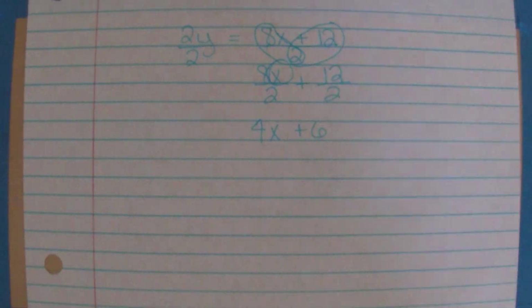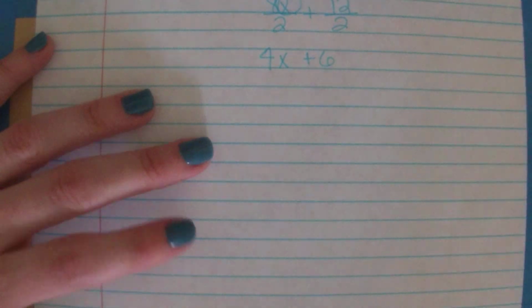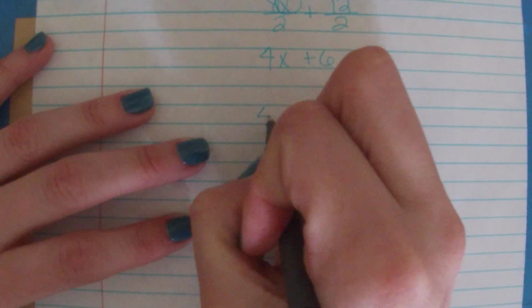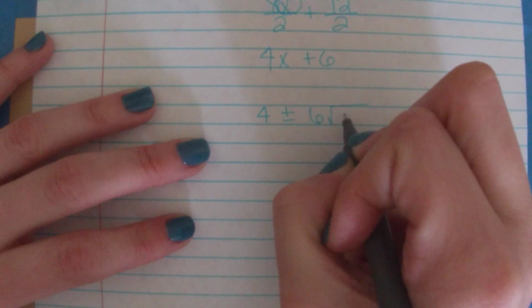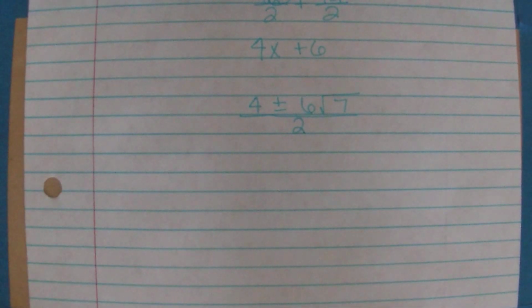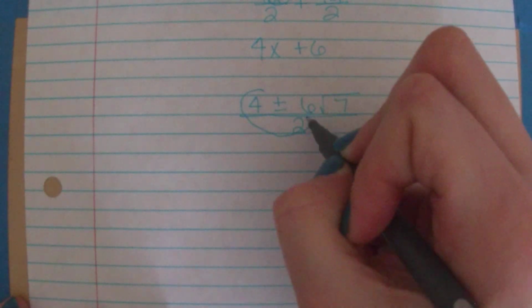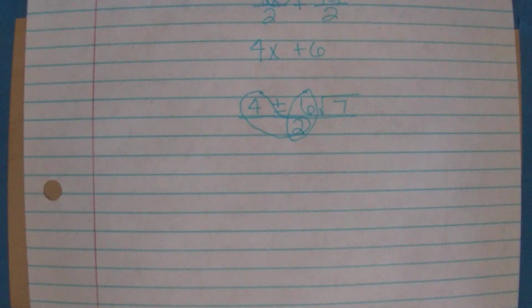Okay, that's a similar idea to what we're going to have today. So if we have something like 4 plus or minus 6 square root 7 all over 2, we want to understand that that 2 can go into each of these. It can go into the first one and it can go into the second one.